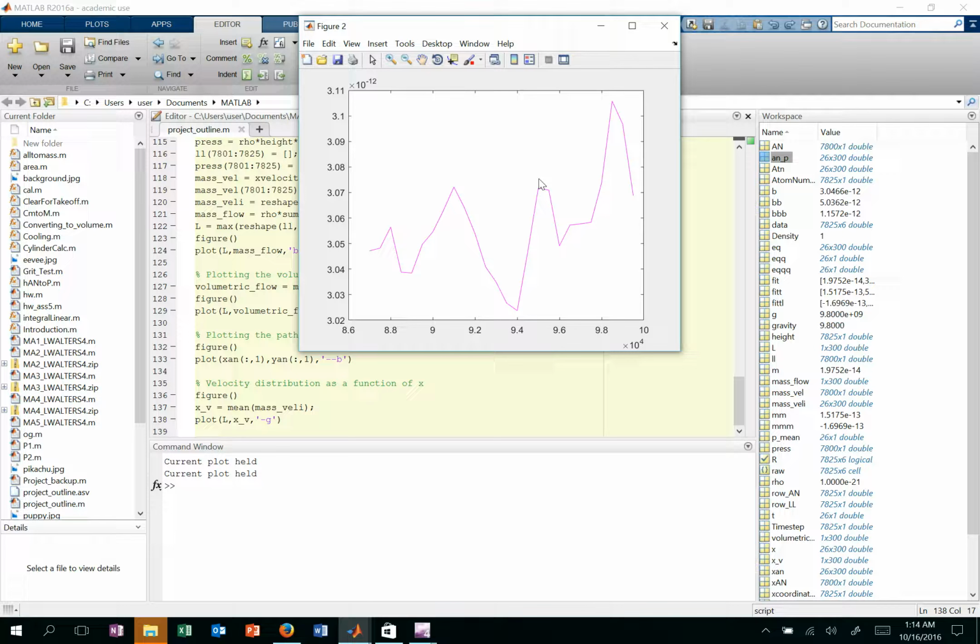Figure 2, this is the pressure as a function of time step. This is actually the mean pressures. So the average pressure is between 3 and 3.11 as a function of time step, so there's not much fluctuation there.